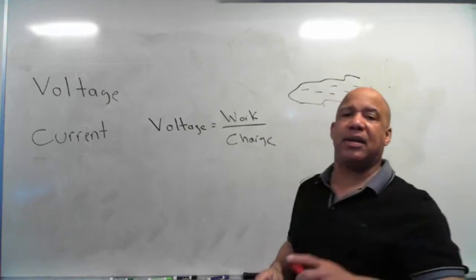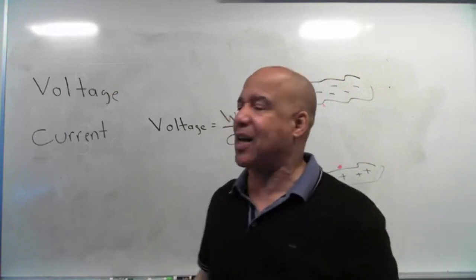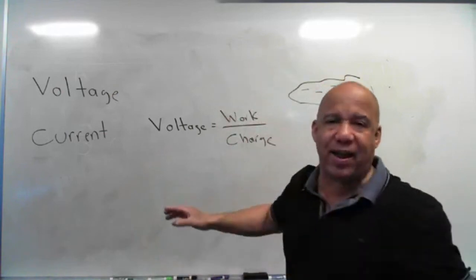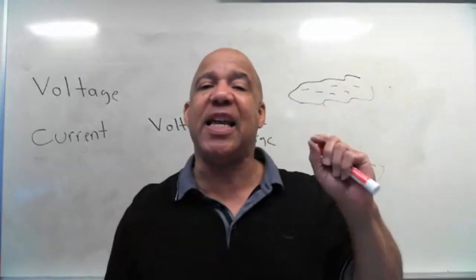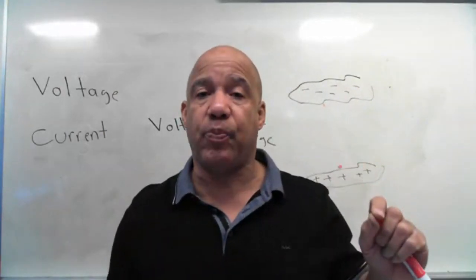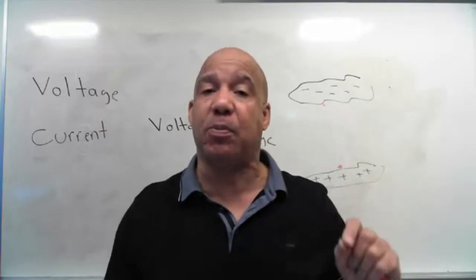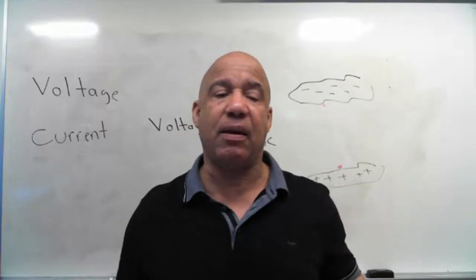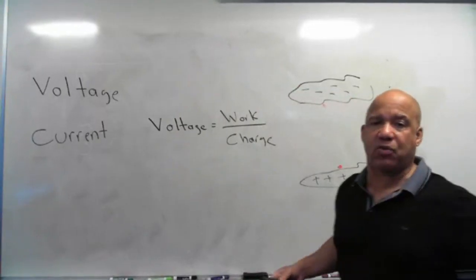Well, it turns out, instead of having one electron, remember what I said earlier? It's silly to think about moving one electron. An electron is, and I love this word, infinitesimally small, infinitely small. So there's no way to move a single electron, so we move groups of electrons.